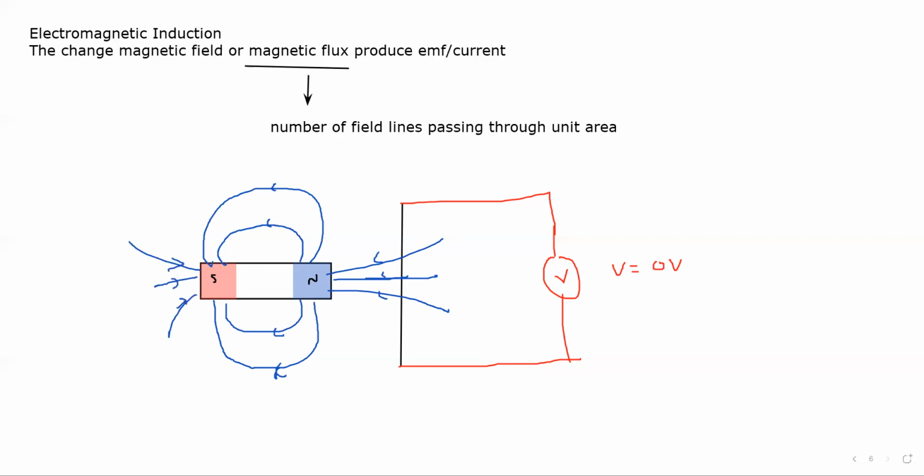Now what happens if I move this wire either towards or away? So this is a wire. Even if I move towards or away, what will happen? If I move the magnet towards or away, or the wire towards and away, the movement of the magnet or wire changes the magnetic field for the wire.